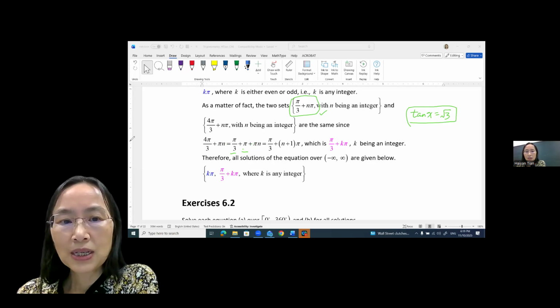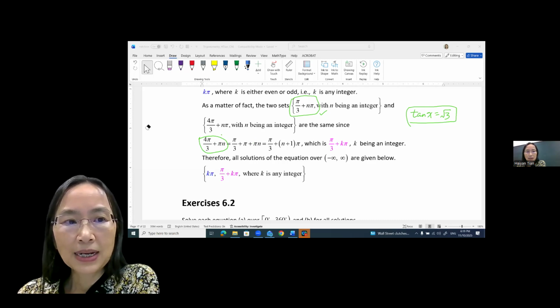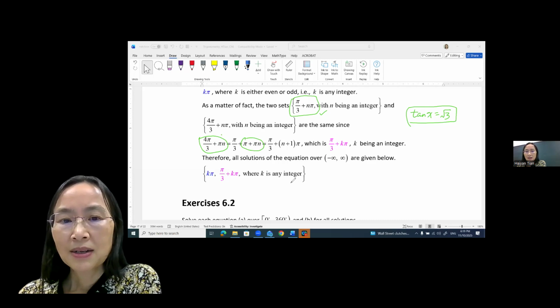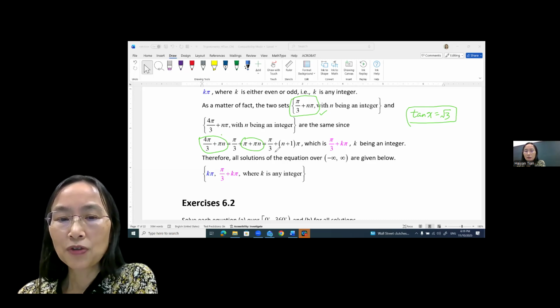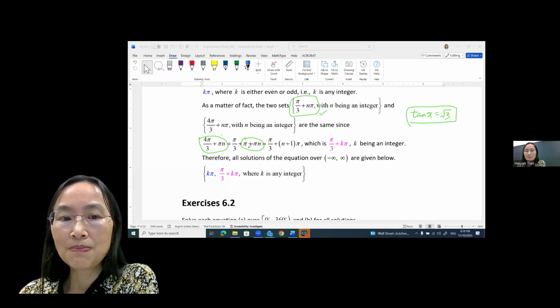Yeah. So what is happening is that we can group this, because that pi, after you factor out the pi, you see n plus 1. So pi over 3 plus n plus 1 times pi, this integer multiple of pi.